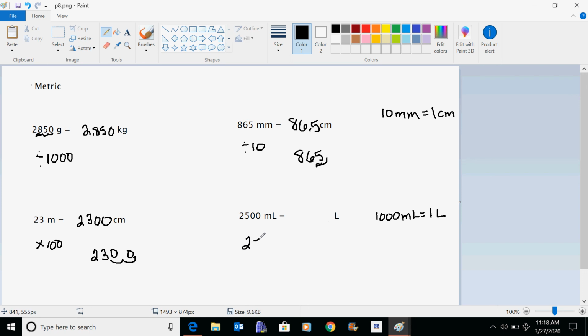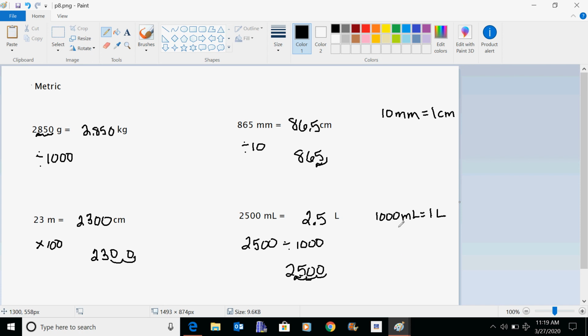So 2,500, I'm going to divide by 1,000, which means you take 2,500 and you move your decimal place over 1, 2, 3, to right here. So 2.5, and the trailing zeros can drop off, so 2.5 liters.